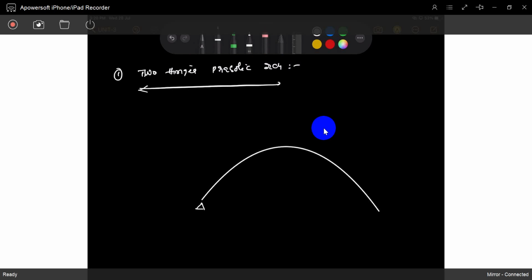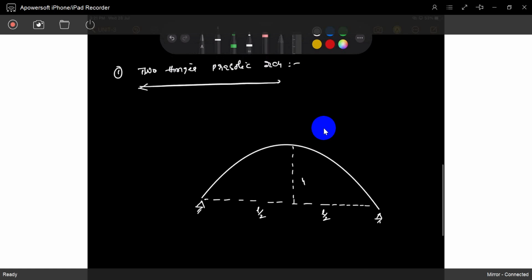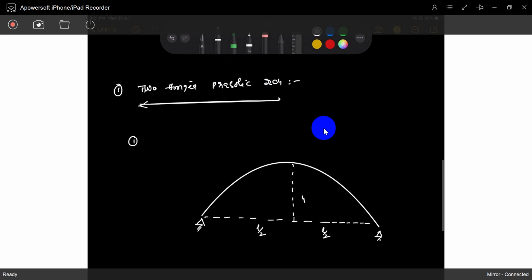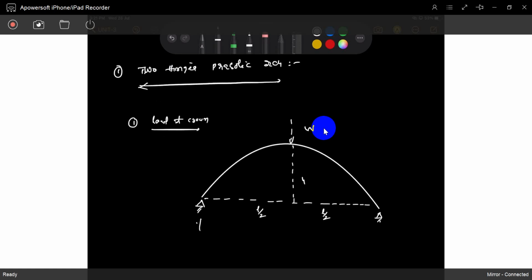The span is L, with L by 2 on each side, and the rise is H. The first loading is the load at the crown, where some load W is acting. So what is the horizontal thrust H?